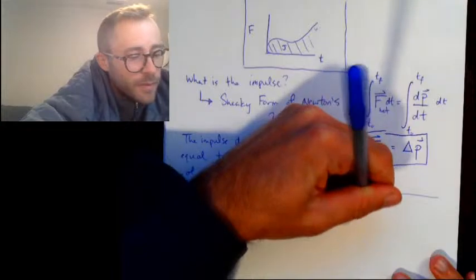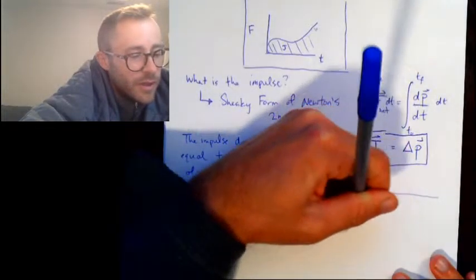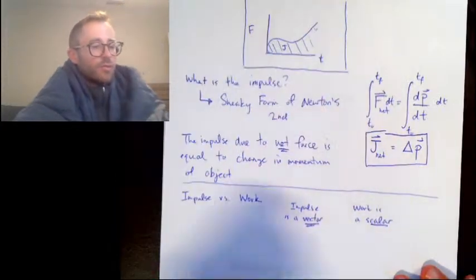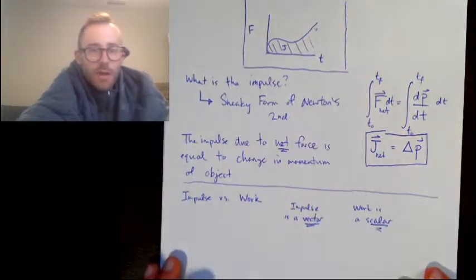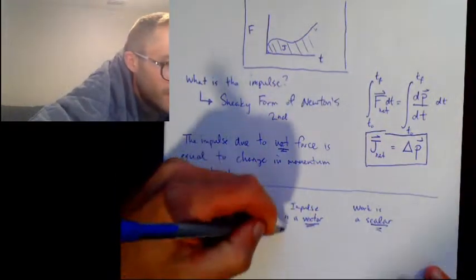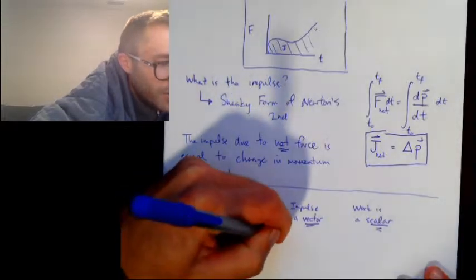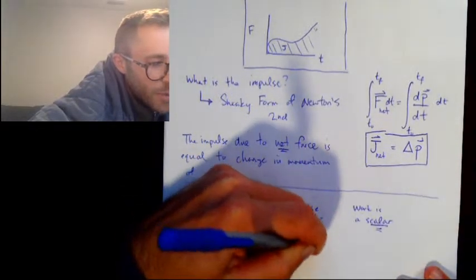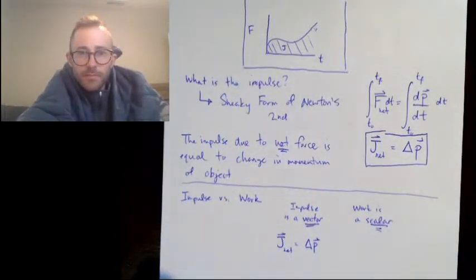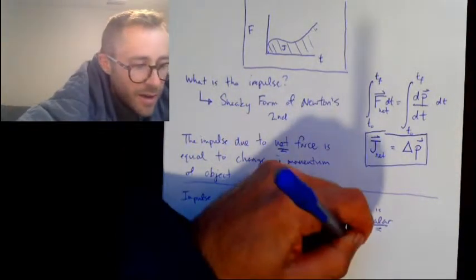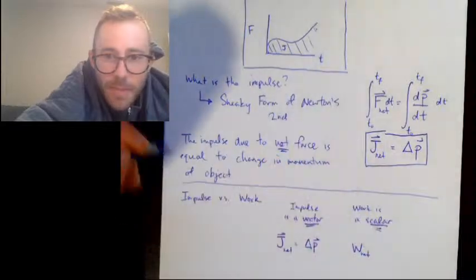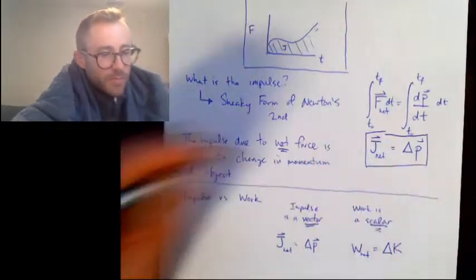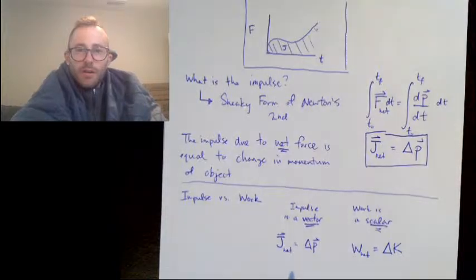Work is a scalar. It has no direction. Impulse has a direction. The impulse due to the net force is the change in momentum. The net work is equal to the change in kinetic energy.